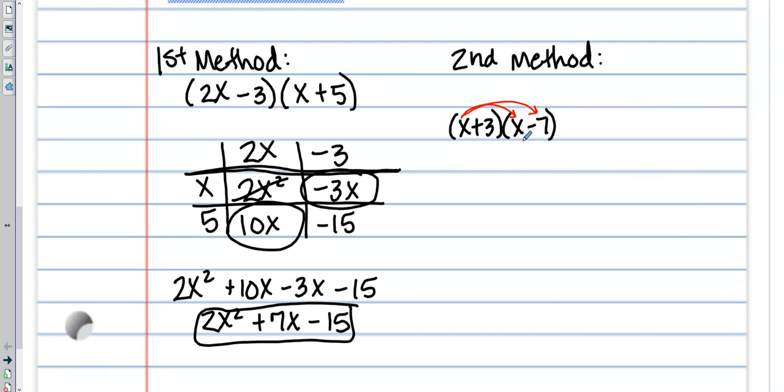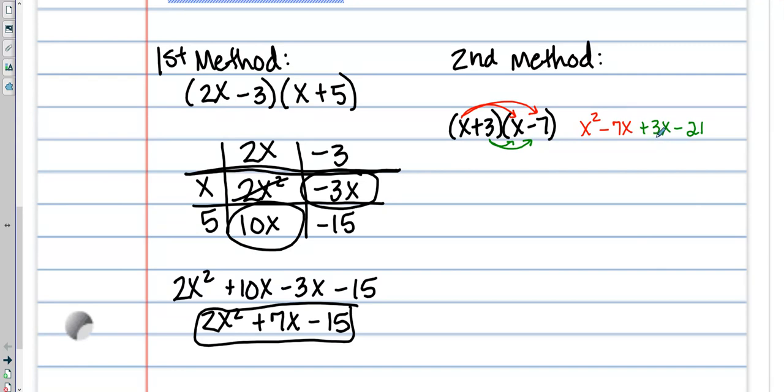So x times x is x squared, and then x times negative 7 is negative 7x. And then I'm going to distribute the 3 into each part. So 3 times x is 3x, and then 3 times negative 7 is negative 21.